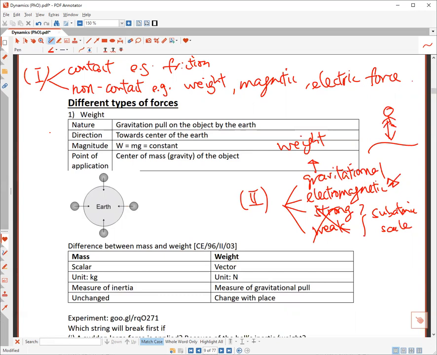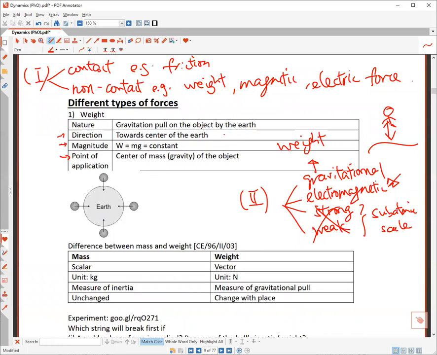In my notes, I give you the details of the direction, magnitude, and also the point of application, and also its nature. Nature means the origin of the force. So where does the weight come from? The weight is a gravitational pull on the object by the Earth.